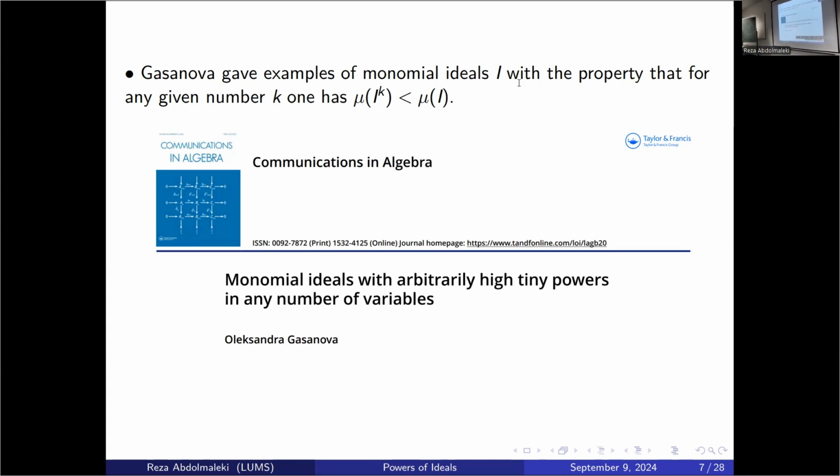It's a kind of procedure. But mu of I^k is just less than mu of I, not less than mu of I^(k-1) or I^(k-2). Just this one.